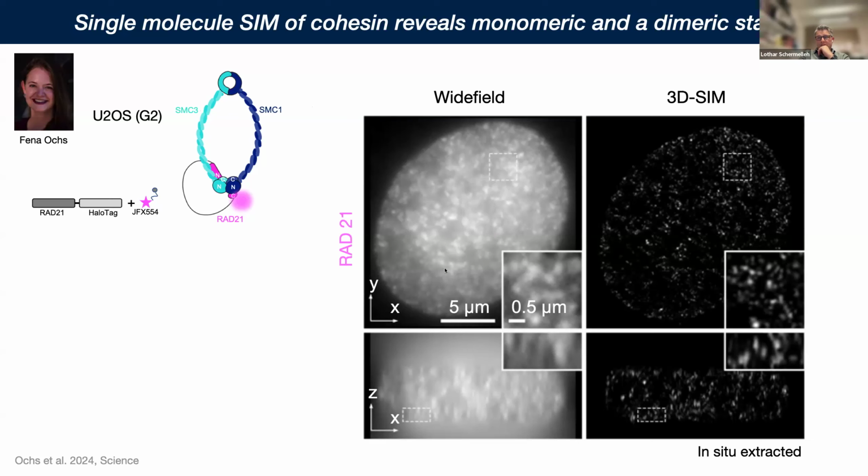The basic question is, what can we see when we label and look at these labelings with super resolution? Basically, you get these images of very clear dots. In classic conventional microscopy they are not resolvable, but here we can nicely resolve them.